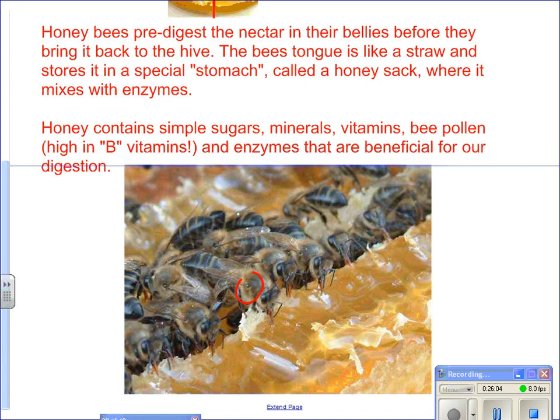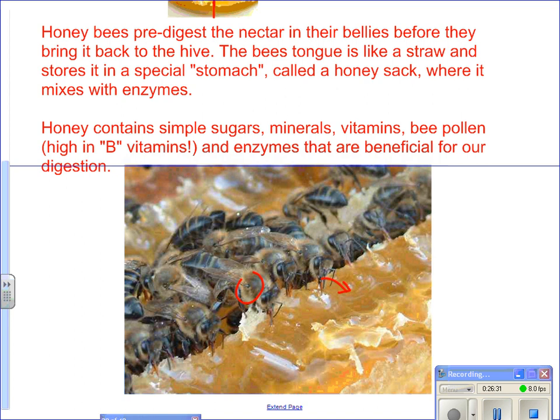And then they have the enzymes in that honey sac that is working on all of that stuff and making it into a food that they then regurgitate into the comb. Regurgitate is a fancy word for they puke. They basically puke that out into the honeycomb, and then it collects in there.